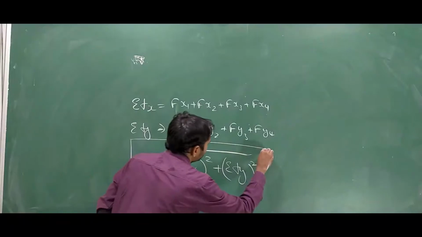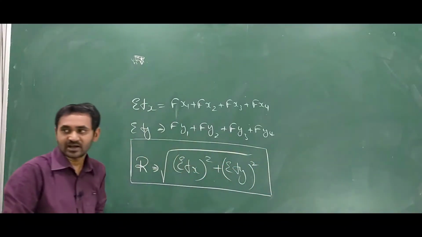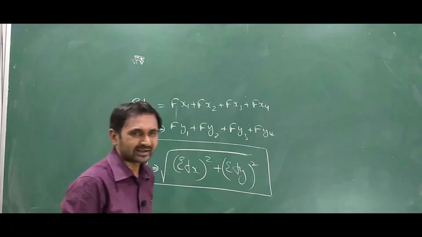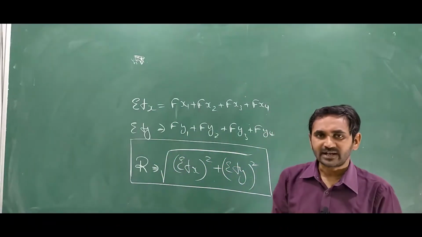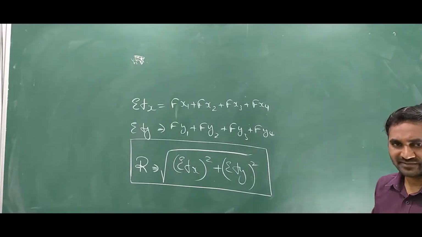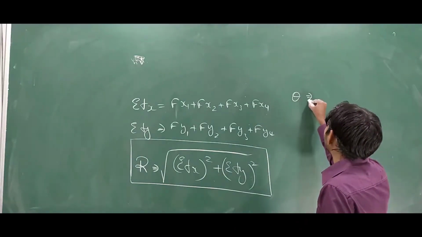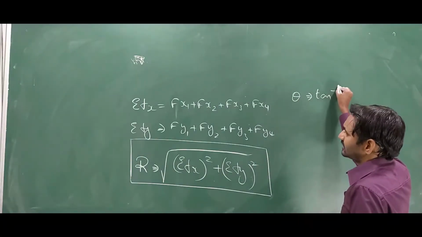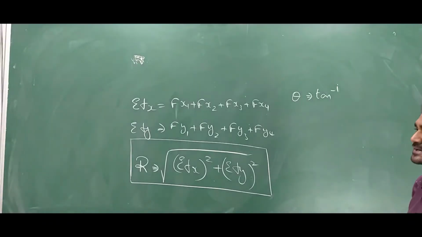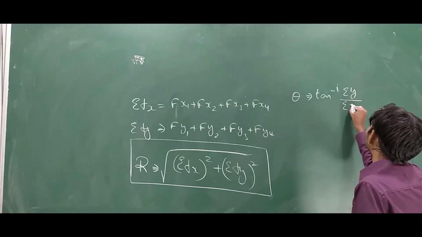Similarly, you have to find theta. Theta is nothing but the resultant angle. So theta equals tan inverse of sigma y by sigma x.